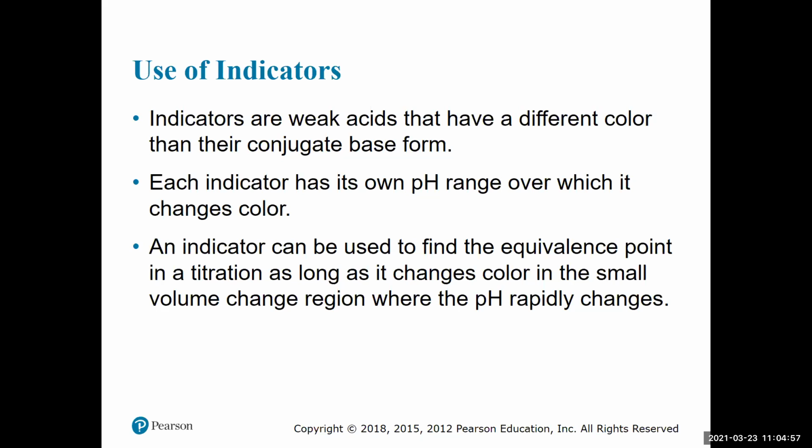The other thing about indicators is, it says here we want changes of color in a small volume change region, okay? And you do. You don't want to have to add 10 mils in the region to get the color change. You want that, but that's good. It's also bad, because if you think about, for instance, last semester when you did the phenolphthalein acid-base titration, it's real easy to go from light pink to dark pink.